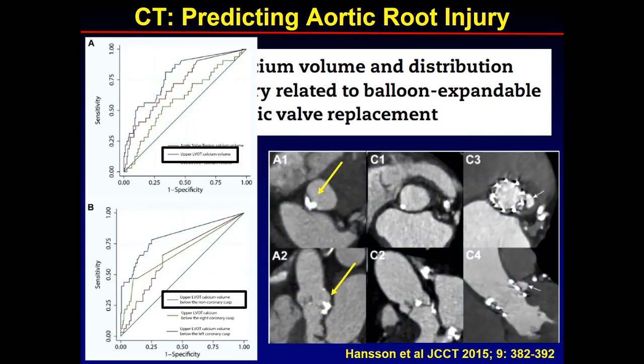These were just some examples of calcification in all of these different cases that had rupture, and you can see in this case, after the TAVR valve was placed, there is rupture of the anterior sinus where there was calcium in the non-coronary sinus, involving the non-coronary sinus.